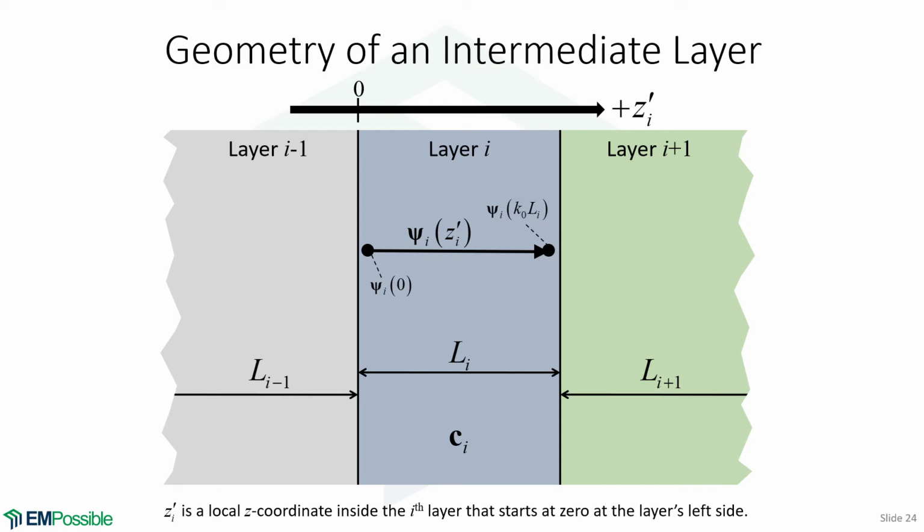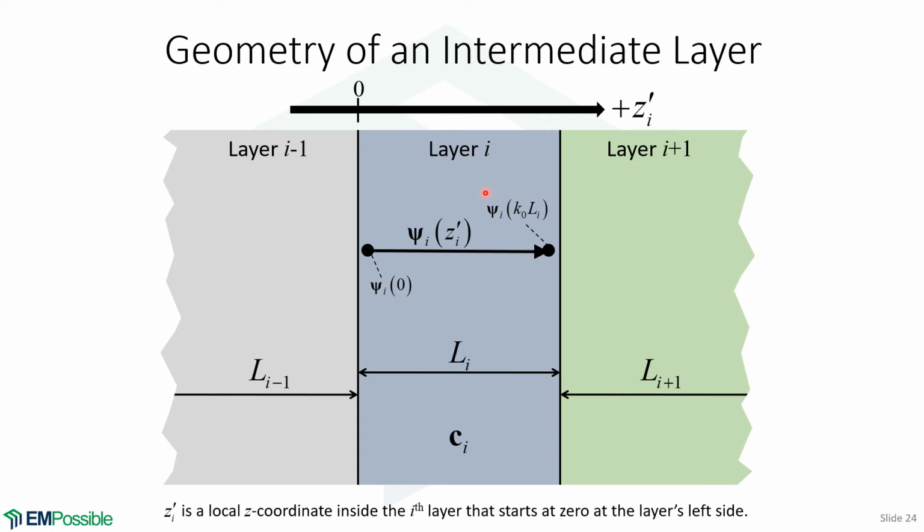If we look at the fields at the other side of the layer, that's still psi sub I, but now our z is k naught times L sub I. Remember, this L sub I is the thickness of this ith layer. And we have to multiply it by k naught because this psi is expecting a normalized z. L is not a normalized parameter, but if we multiply by k naught, that's how we normalize our spatial coordinates.